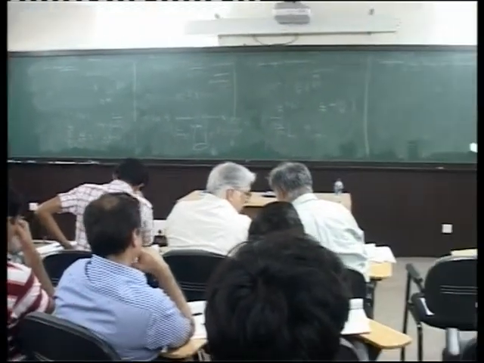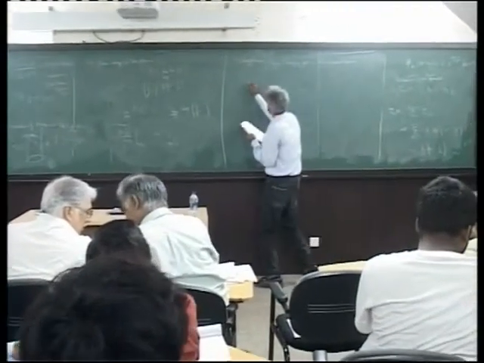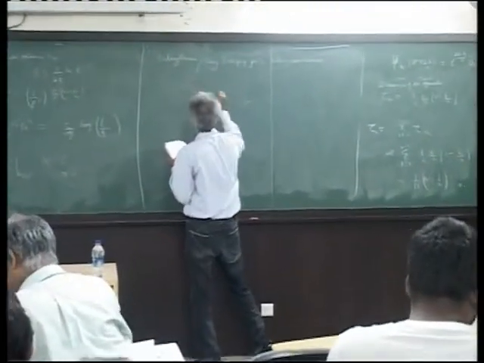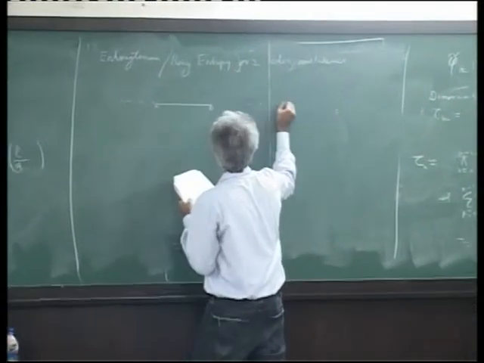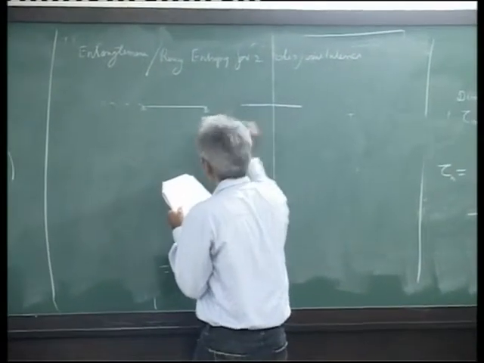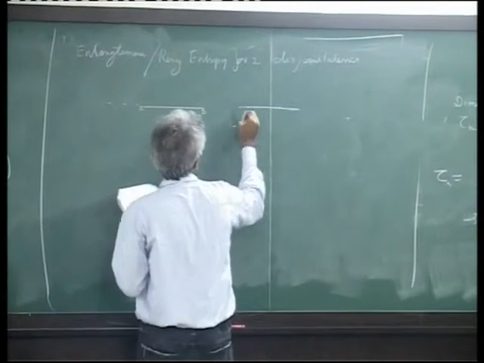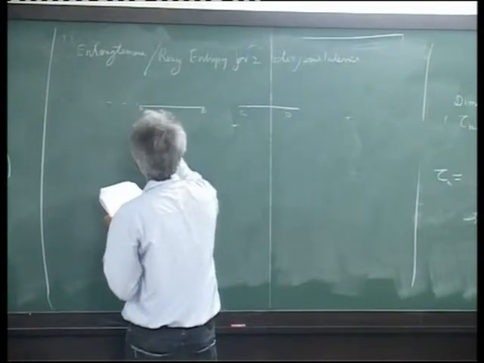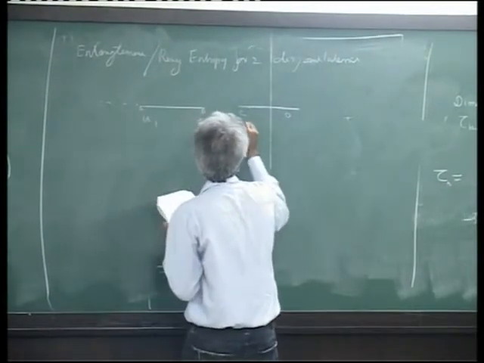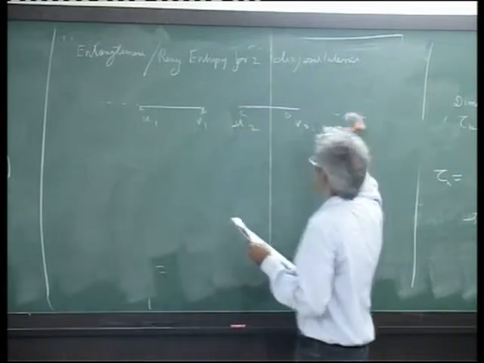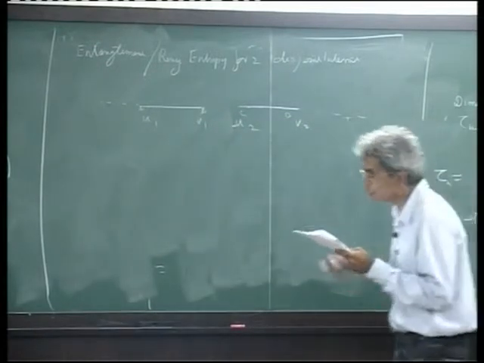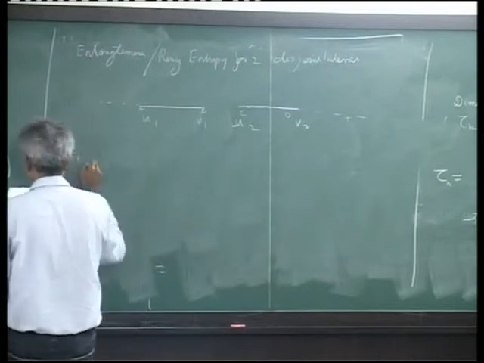So, Renyi entropy for disjoint intervals. We have basically two intervals: A, B, C, D, so u1, v1, u2, v2. These are our intervals, and we are computing the trace of rho to the n.